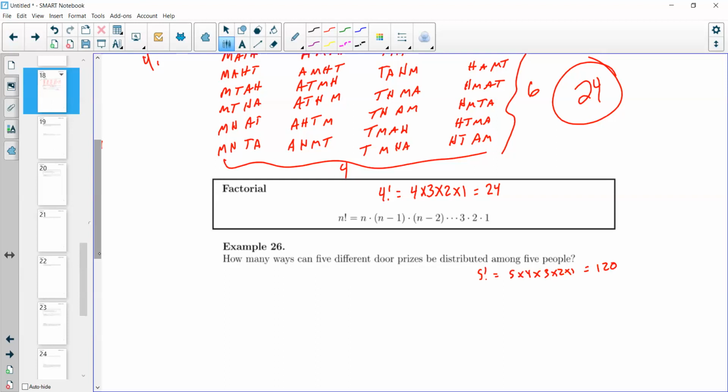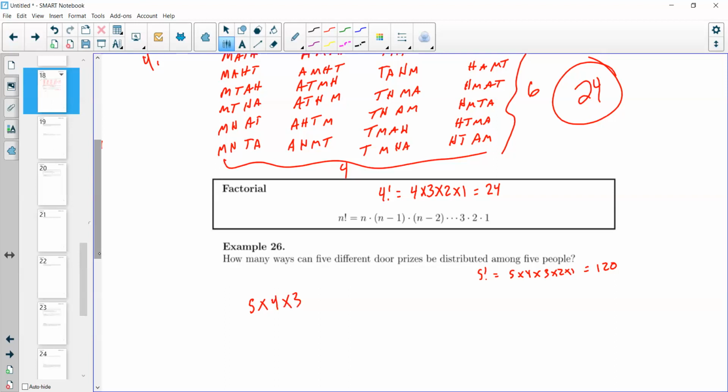But in case we hadn't figured that out yet, I have 5 prizes, I have 5 people. How many people can I give the first prize to? 5, right? How many choices for the second prize? Now that I've given somebody 1, they can't have another. So now there's 4 people left, right?